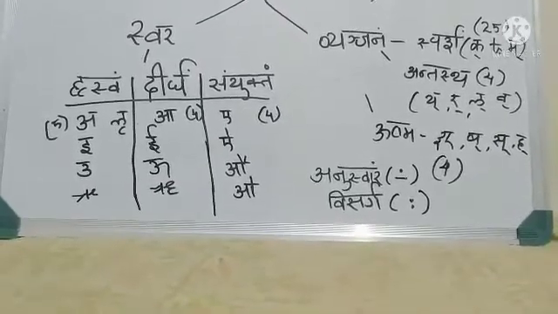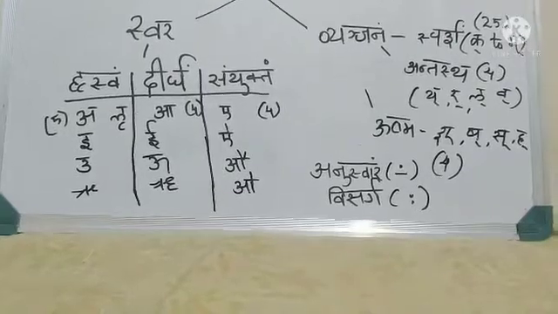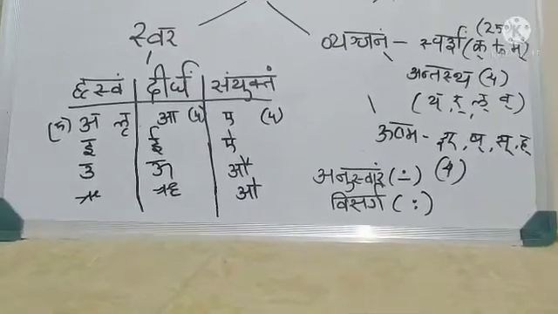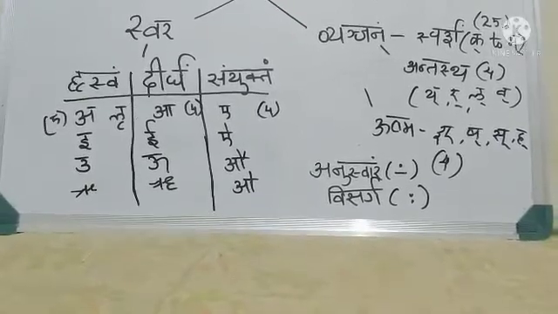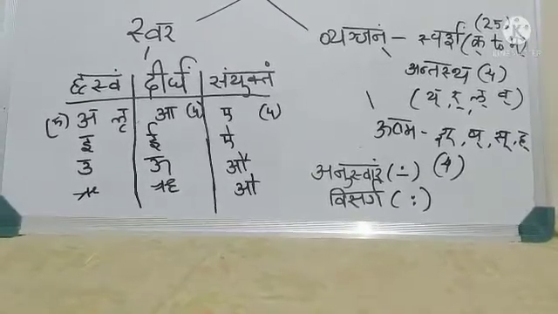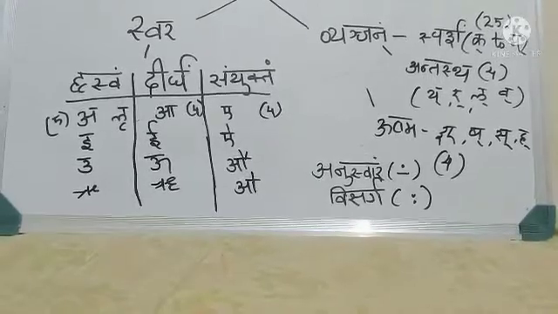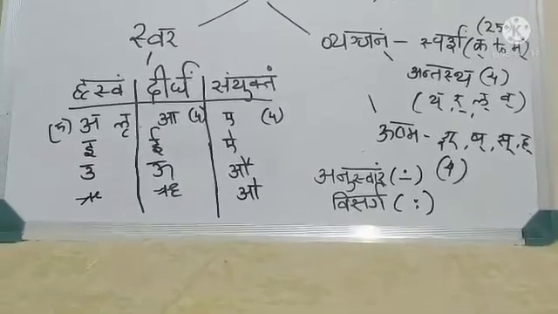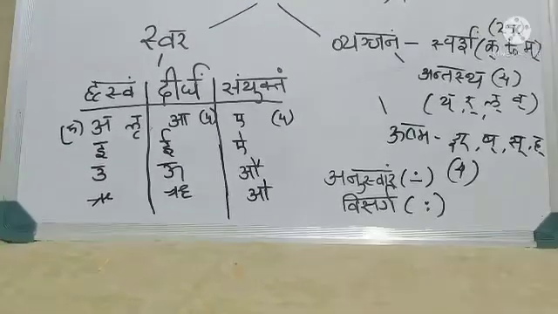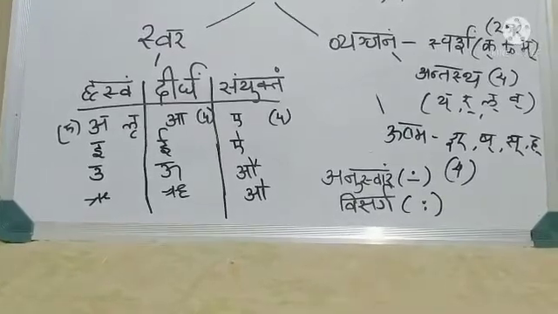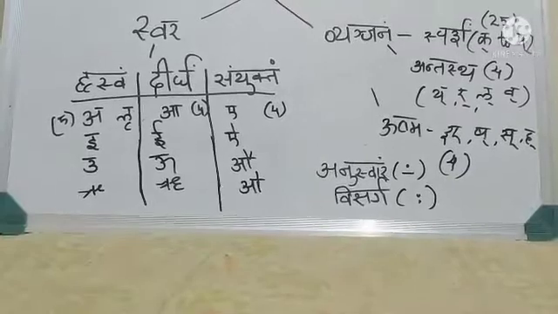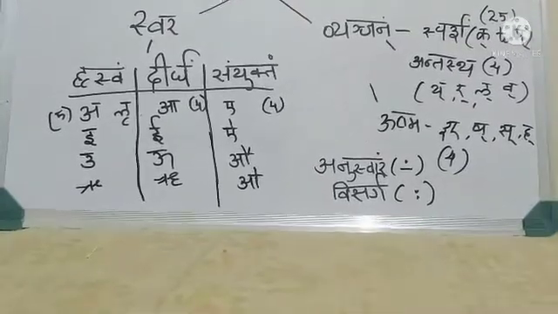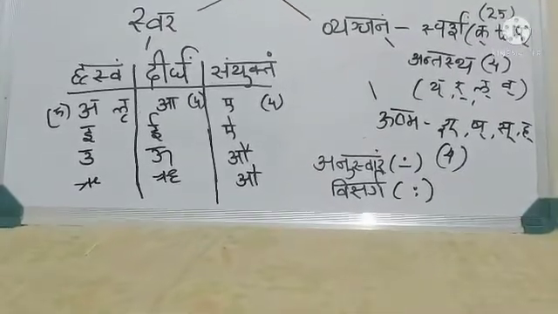The next classification is Antastha. Antastha has 4 letters: y, r, l, v. Why is it called Antastha? Because it needs less energy when we pronounce it. And next is Ushma. Ushma means sh, s, h.